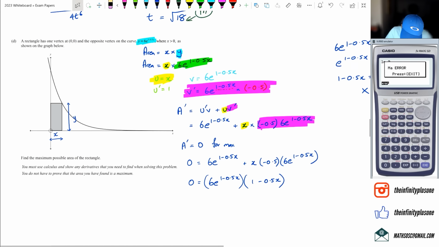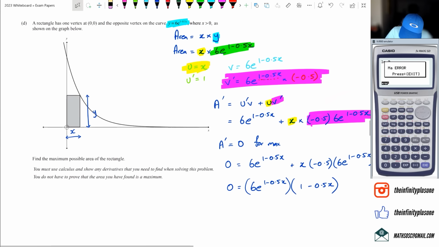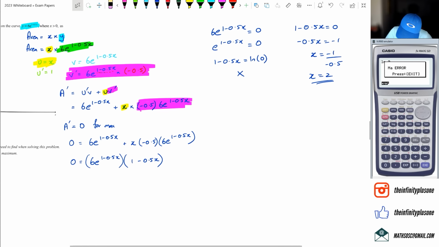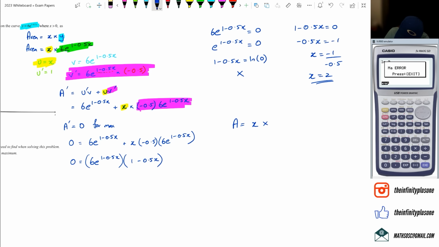So if you go back to the original question, let's go back here. Sorry guys, I know I kind of rushed through it. It says find the maximum area. Now we know the maximum area happens when x is equal to 2, and because of that we can say area is equal to x times 6e^(1 - 0.5x).